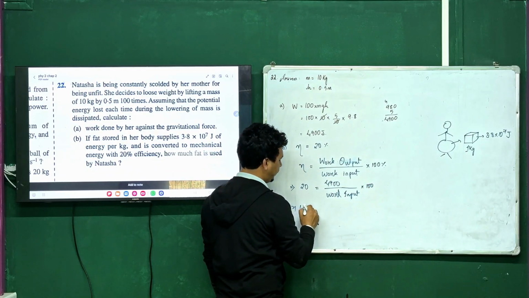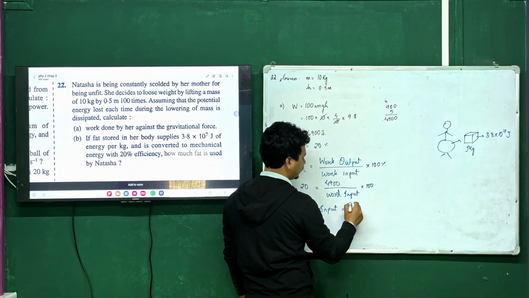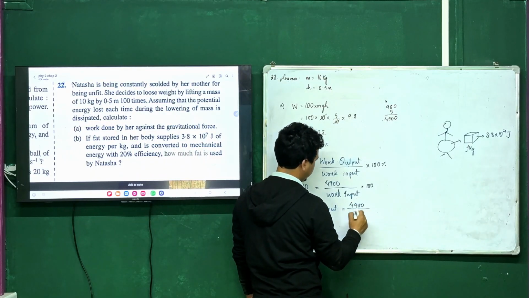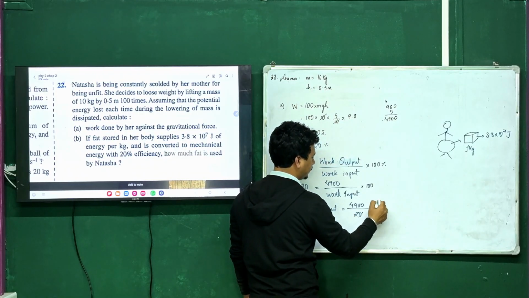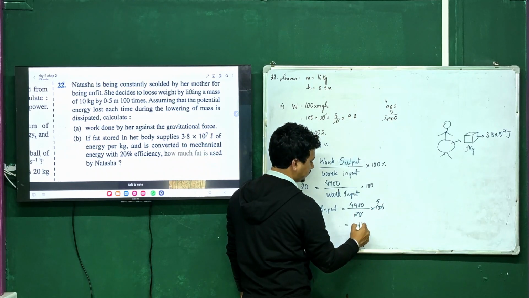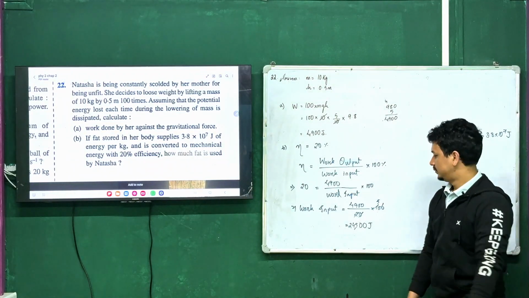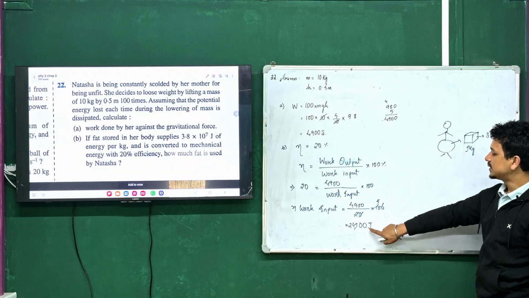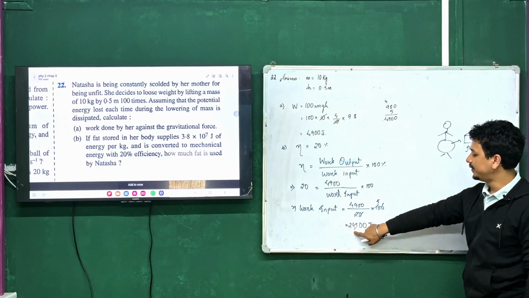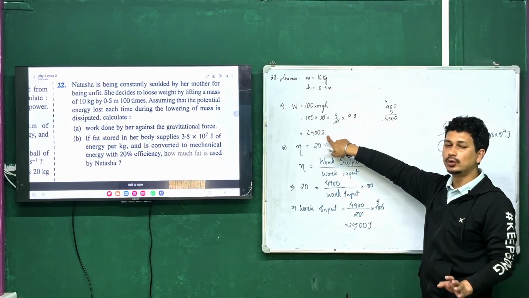So basic math, this will go up. That means the fats must give 24,500 joules in order to get the output 4,900 joules.